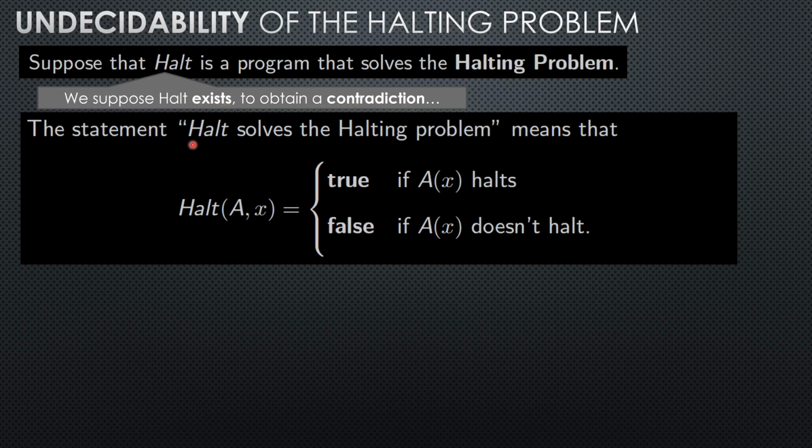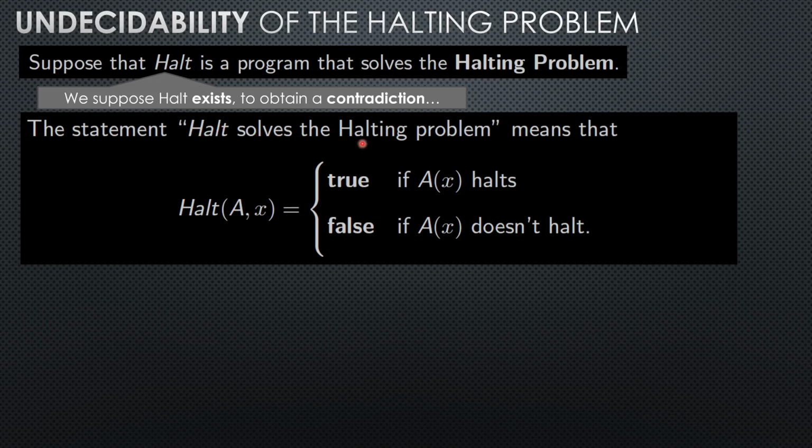And when we say halt exists and it solves the halting problem, that means halt with input I equal to A of X is going to terminate in finite time. And it's going to answer true if A of X halts and false if A of X doesn't. So it's going to give this correct response in finite time for any input, right? To solve the problem, you have to be able to solve it for all inputs in finite time with the correct answer.